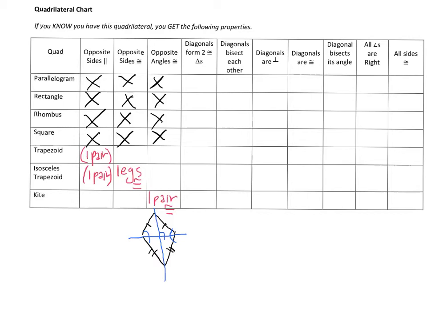Diagonals form two congruent triangles. I know that to be true from the properties of a parallelogram. So I'm going to mark all of the parallelograms. That's not necessarily true for a trapezoid. We don't know enough about trapezoids to know if the two triangles are congruent, or isosceles trapezoids.